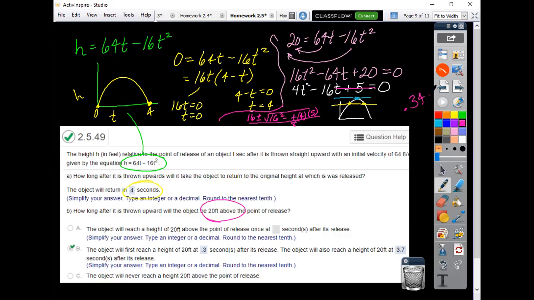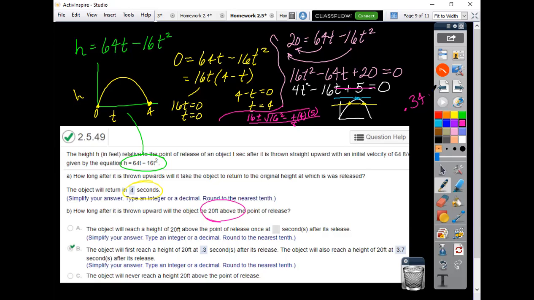Then do the exact same thing except change that minus to a plus in front of the square root, divide that by the 8 in the denominator, and get something like 3.65.